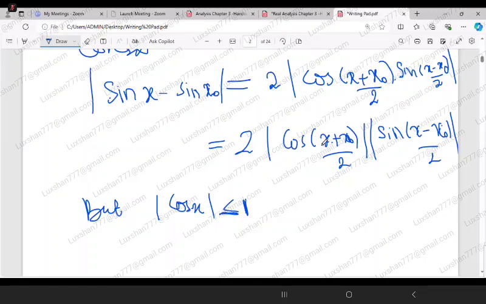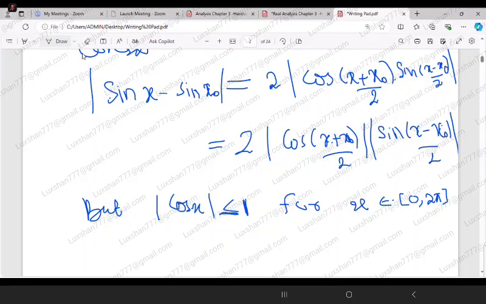I want to eliminate this cos. Therefore, this part is going to be less than or equal to 1.